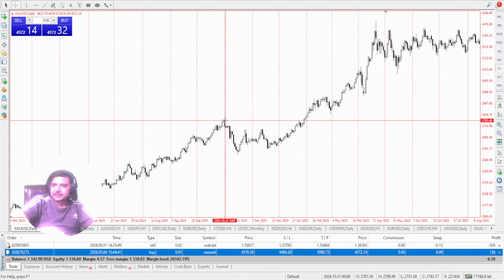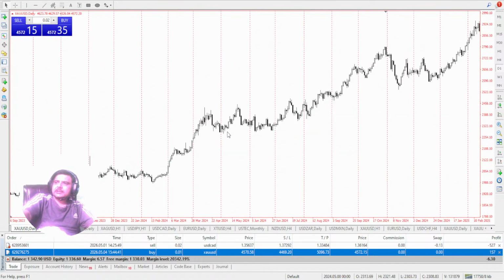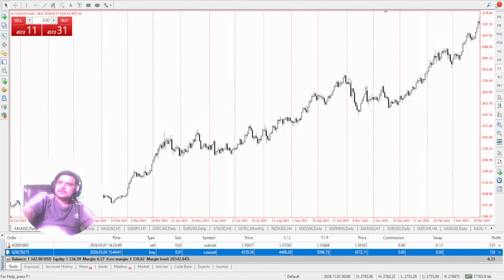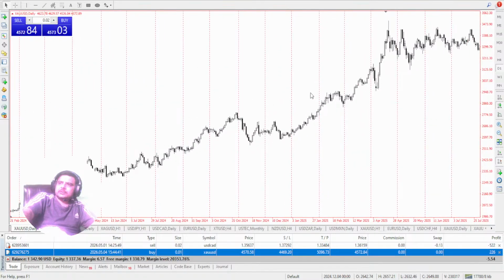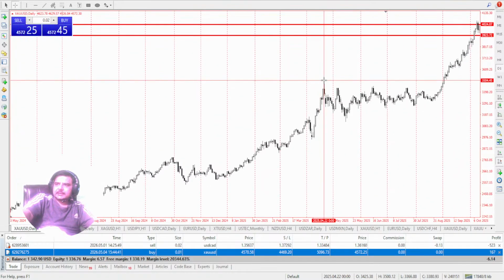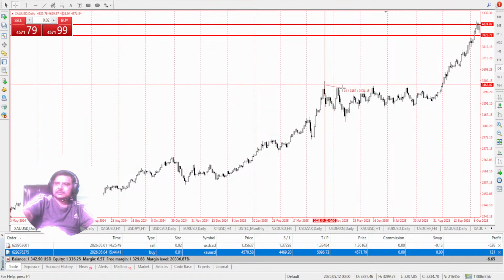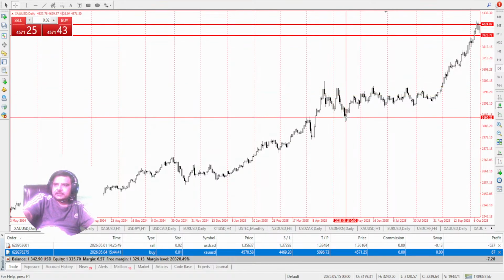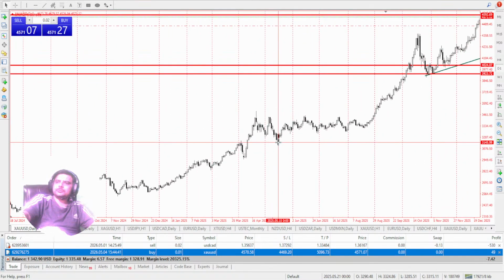This high was made in 2024. See, gold made this high in 2024, then this high in 2025, then this high again in 2025, then this high again in 2025, then took support for how much time, till May it dropped, and from May it started to go further up.